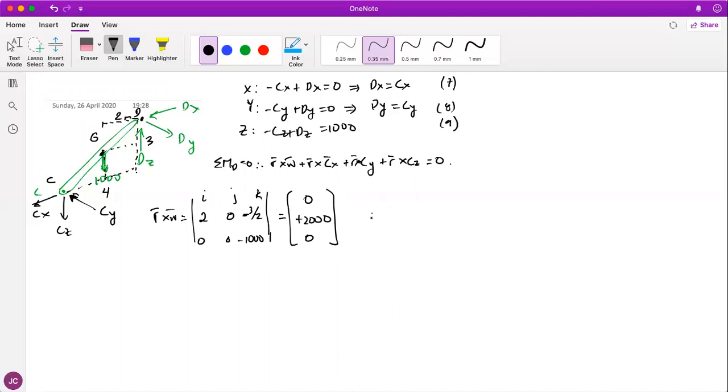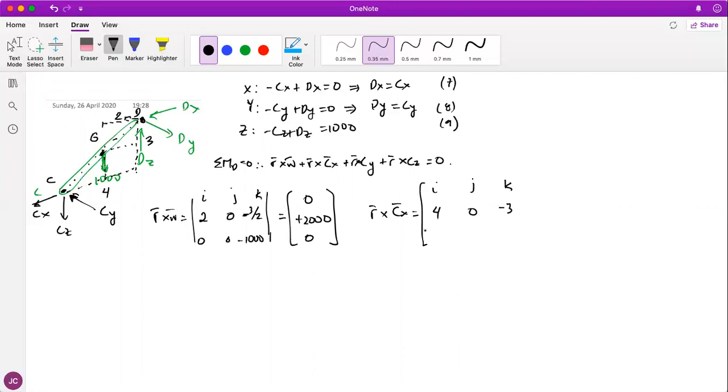Let's go with the other one, r cross cx. I need to check it because, again, I'm so insecure. So r cross cx is going to be i, j and k. Now, how much should I move from D until I find this point C? Maybe you know, but it is nothing at y, something at x, which is a big 4, and I need to go down 3, minus 3.